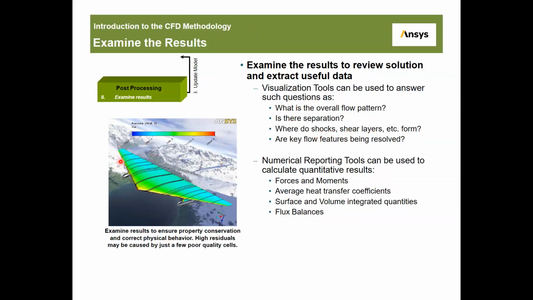Everything we can see here. Usually the red color is the higher value and the blue color is the lowest value, whatever value you put. If here is pressure, the red is the highest pressure, the blue is the lowest pressure, and green is in the middle, at the center.